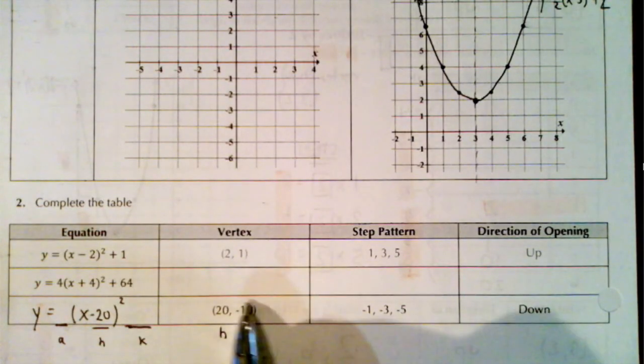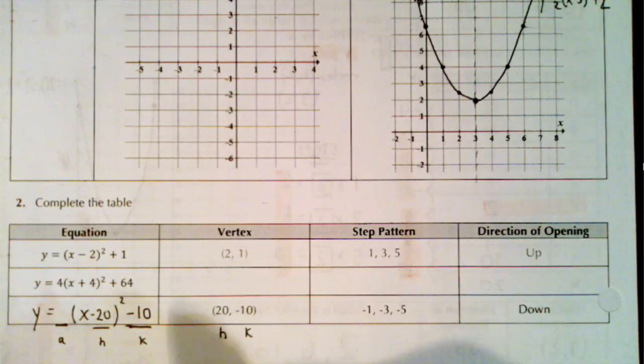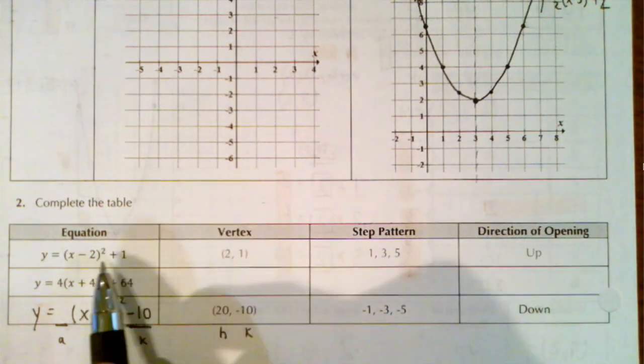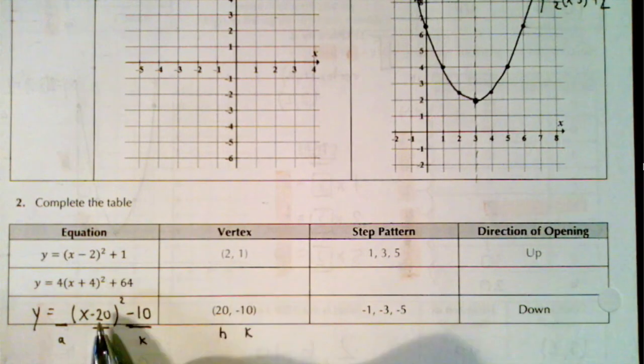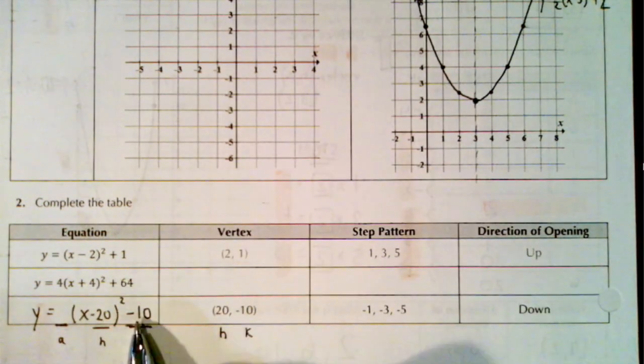If K is negative 10, the y of the vertex, then outside we should have minus 10. That's pretty straightforward, and that follows exactly with the top example. 2 minus 2. 20 minus 20. 1, 1. Negative 10, negative 10.